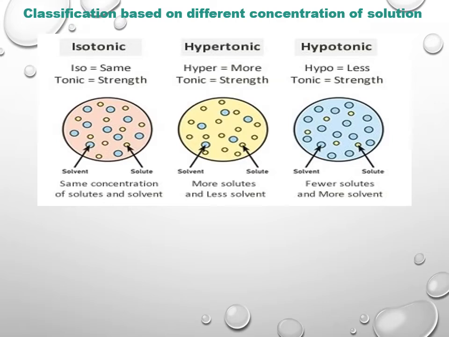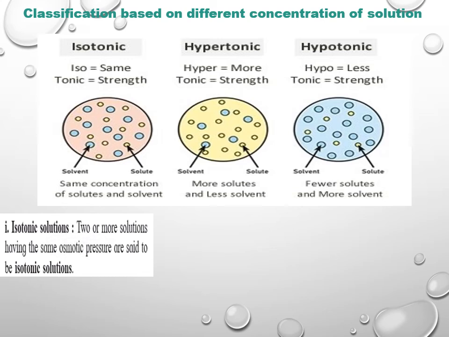Now this can be used in comparison of two solutions with respect to osmotic pressure. When you have two or more solutions having the same osmotic pressure, we say they are isotonic solutions.